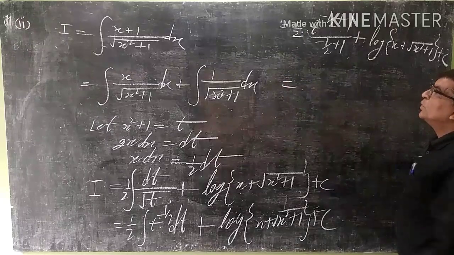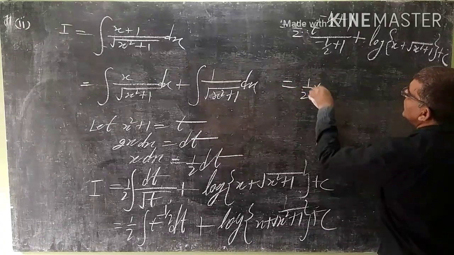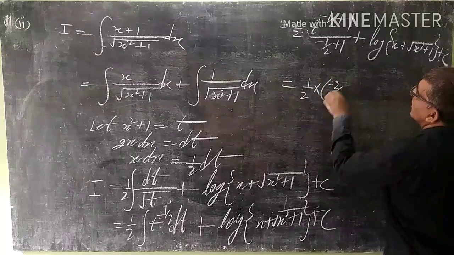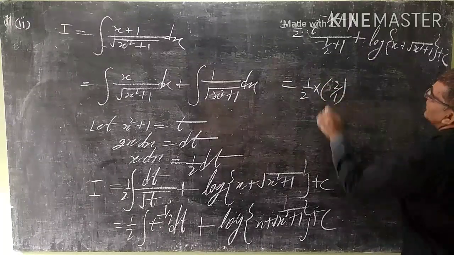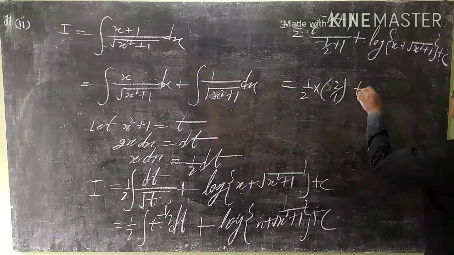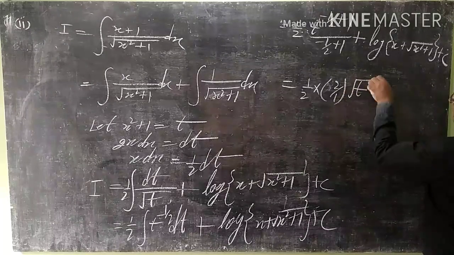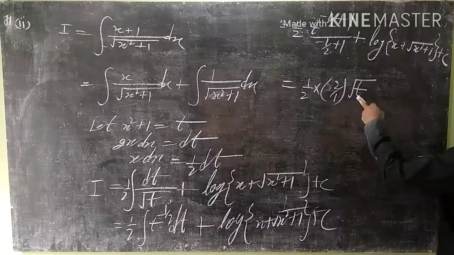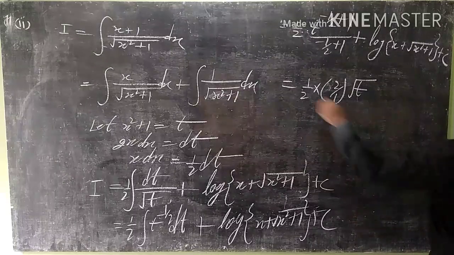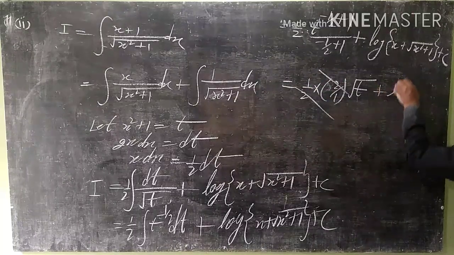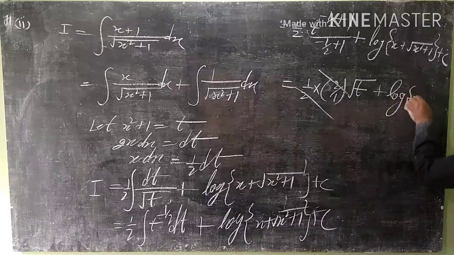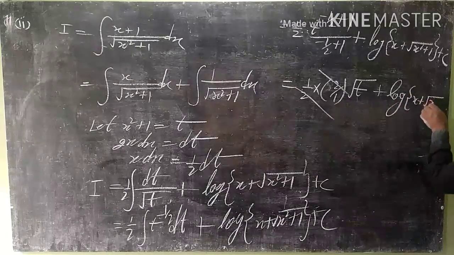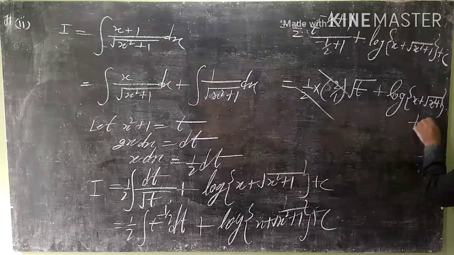It is equal to 1 by 2 into 2 upon 1, t to the power 1 by 2, that can be written as under root t, 2 cancelled by 2, plus log x plus under root x square plus 1 plus c.